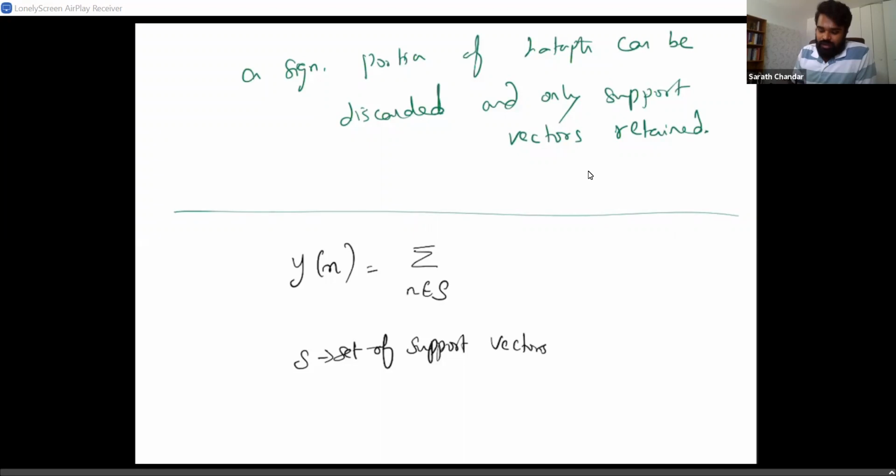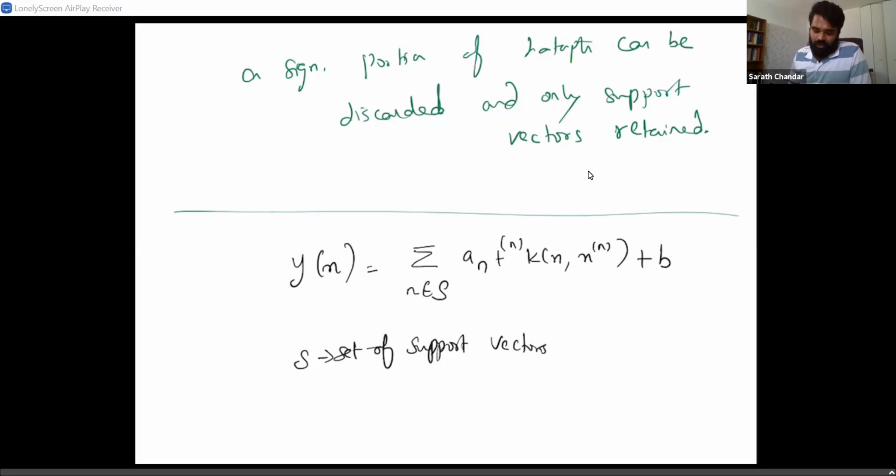And you would just write a_n t_n kernel of x, x_n plus bias. Now this is a much lighter version of the model, because even if you have 1,000 data points, you might only have 10 support vectors. Now you throw away all the other data points and just keep those 10 support vectors.